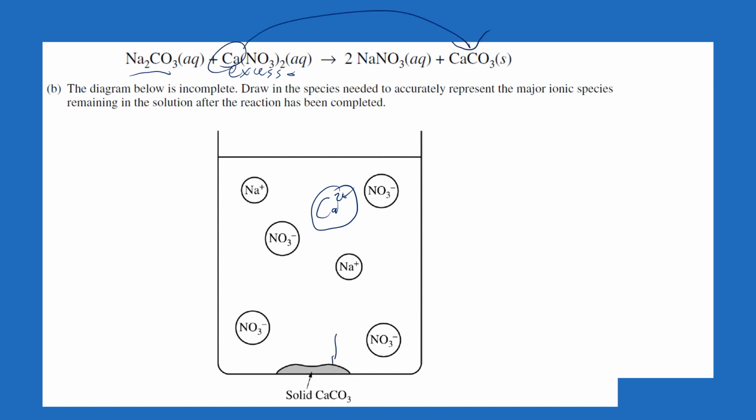So I only want to use up some of that. Yeah, let me see what their points were. Yeah, it should just show 1 calcium ion, because if you're imagining that there were 2 to begin with that produced the 4 nitrates, one of those has to turn into the solid to react with the carbonate ion.